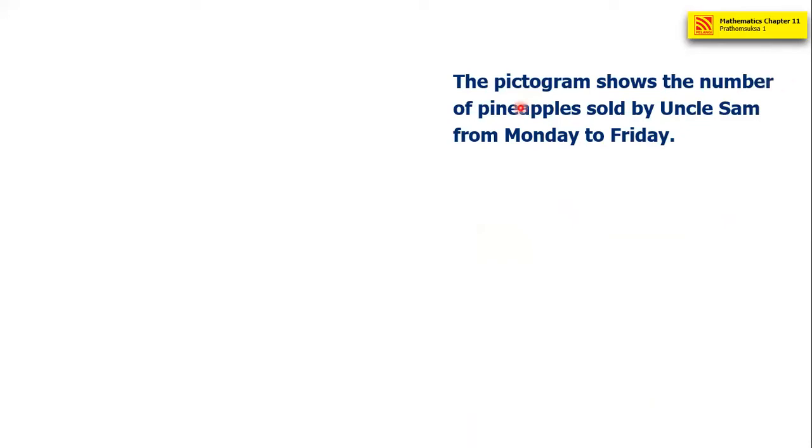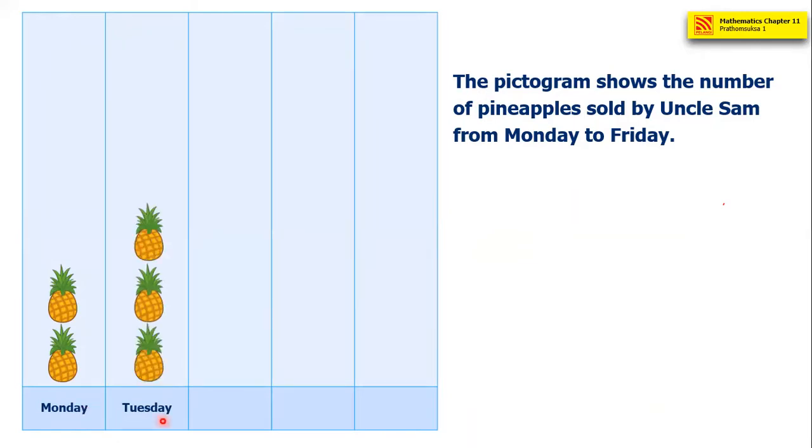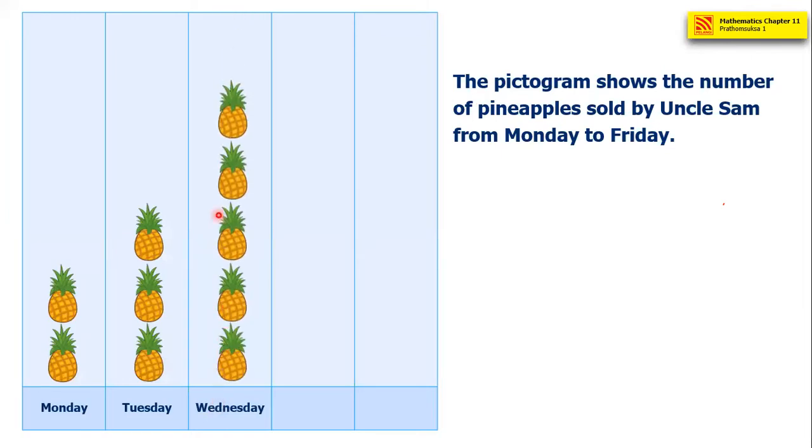Okay, we can turn over to page number 1. Let's have a look at this pictogram. It shows the number of pineapples sold by Uncle Sam on Monday, Tuesday, Wednesday. 2 on Monday, 3 on Tuesday, 5 on Wednesday.